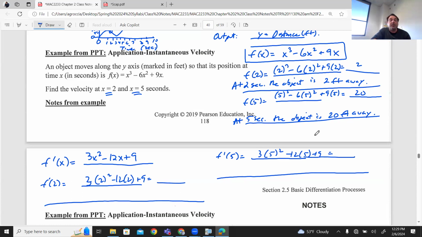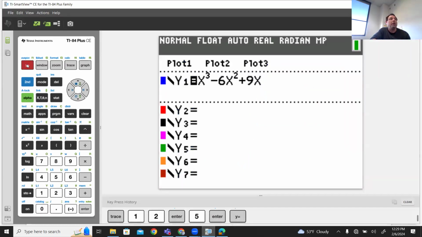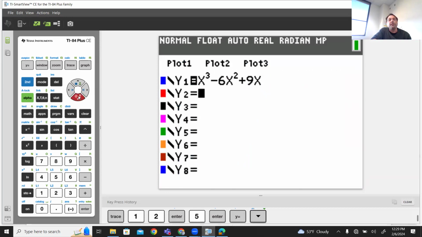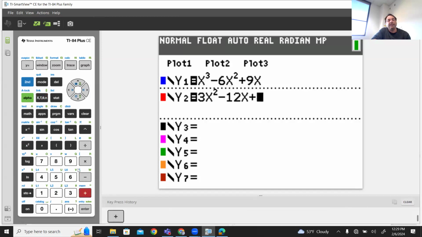Okay, I'm going to go to the calculator. I'm going to go to y equals. I'm going to leave y1 alone. So don't mess with y1. If you got rid of it, put it back. Leave y1 alone. But in y2, let's put the derivative. 3x squared minus 12x plus 9.